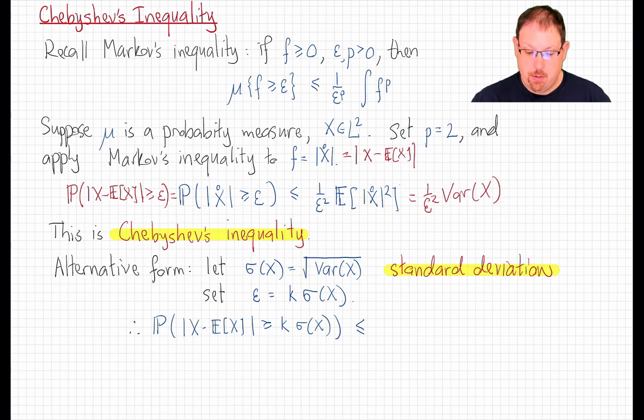There's an alternate way to write this by rewriting the tolerance epsilon. Let's introduce the notation sigma, not sigma field, but sigma of x, to be the square root of the variance. That's the standard deviation of the random variable x.